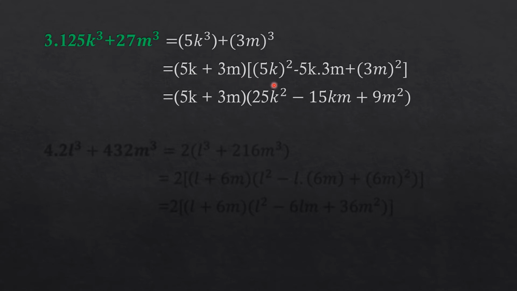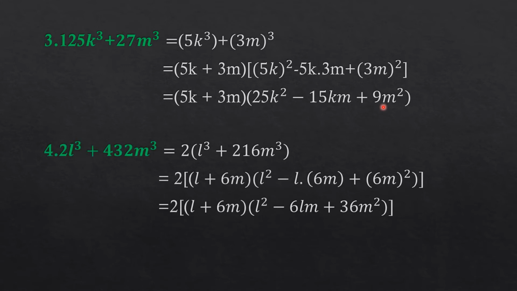In the second bracket, 5k bracket square, that is the square of the first term, then minus sign, product of the two terms, that is 5k into 3m, plus the square of the second term, that is 3m bracket square, is equal to 5k plus 3m, 25k square minus 15km plus 9m square. This is the answer.